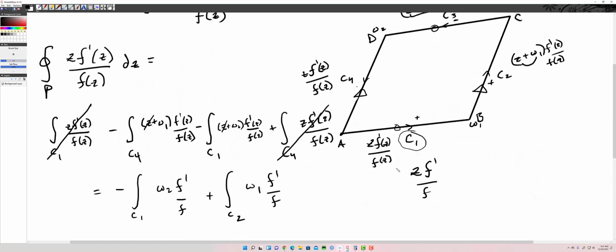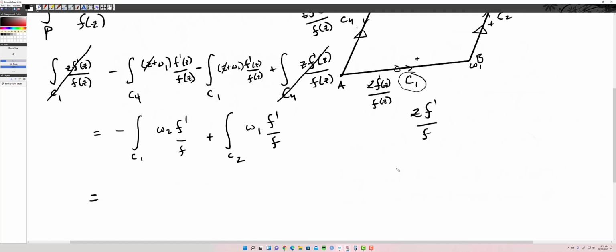Okay? We're interested in the integral. I'm going to write this one first because it has a positive sign here. From B to C of f prime over f dz minus the integral from A to B. I'm sorry, and this is going to be omega 1 times this and omega 2 times this.